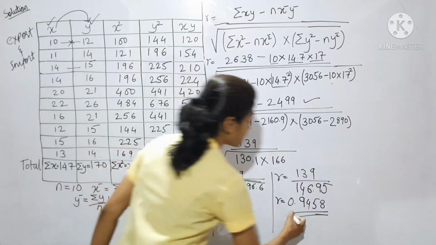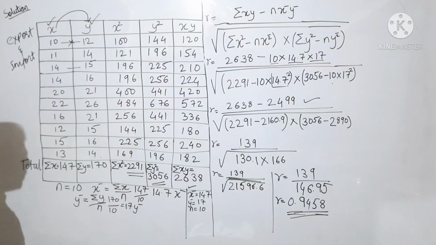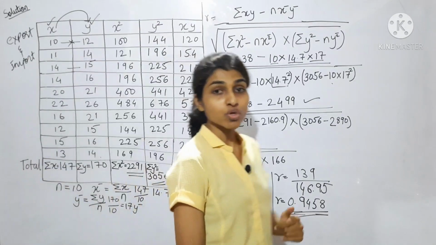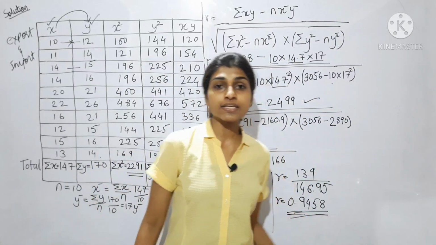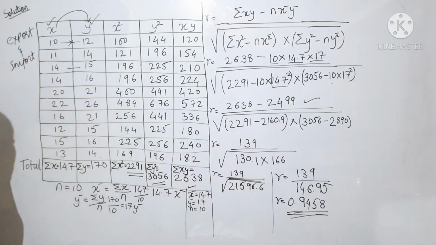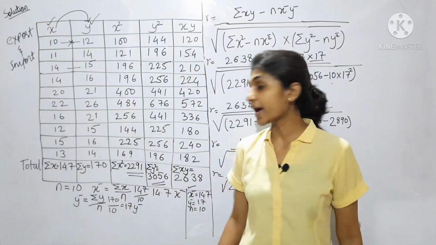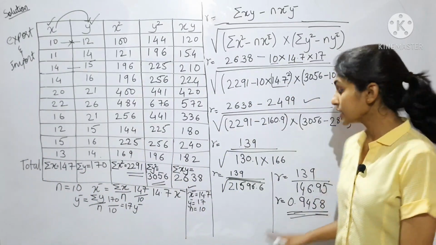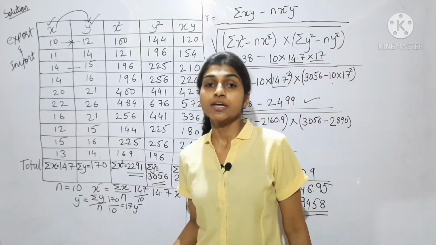So this is the correlation between export and import. This will be a positive correlation because 0.94, the answer is positive. In this way you have to find the Karl Pearson coefficient of correlation by direct method.